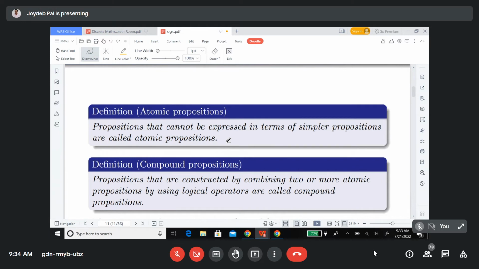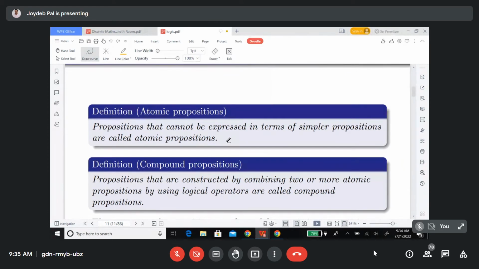एंड कॉन्ट्ररिली यू कैन से अगर एक प्रोपोजिशन को हम लोग तोड़ सकते हैं, मीन्स इफ वी कैन एक्सप्रेस a proposition into two or more simpler propositions, then it is compound proposition. Okay. Any doubt? देखो Sir, any example of this? हाँ, definitely I will show you.